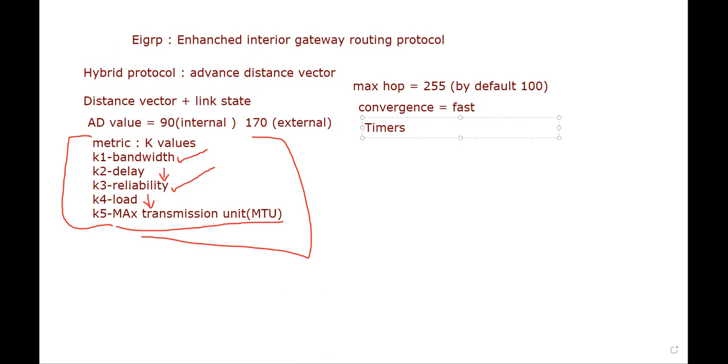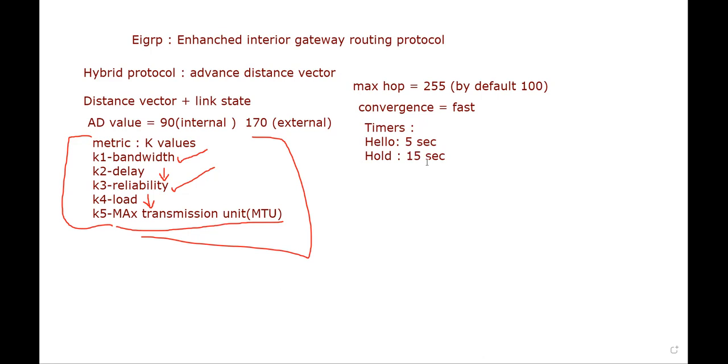RIP had 4 timers, while EIGRP has 2 timers: the hello timer and the hold timer. There is a 5-second hello and a 15-second hold timer. A router sends updates to its neighbor router every 5 seconds.